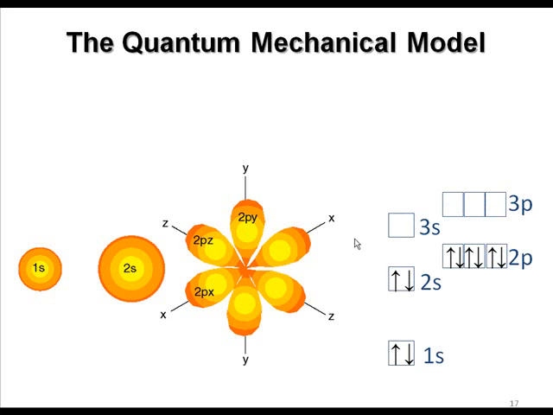These electrons appear in a spin. Now what that means simply is this, that in the first orbital, which is the first shell, I have a s orbital. I have two electrons. One electron spins up, one electron spins down.